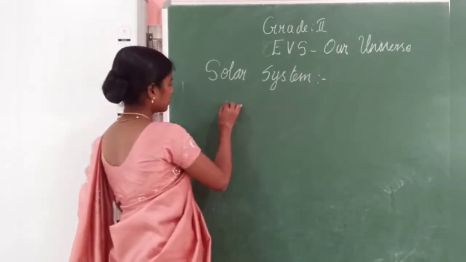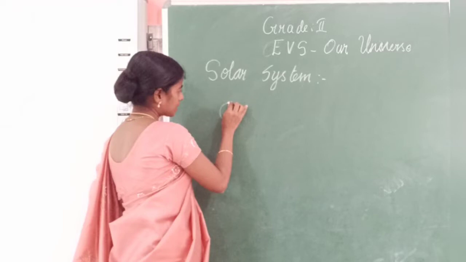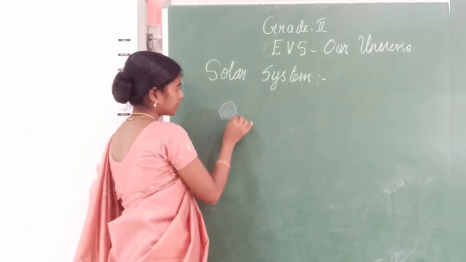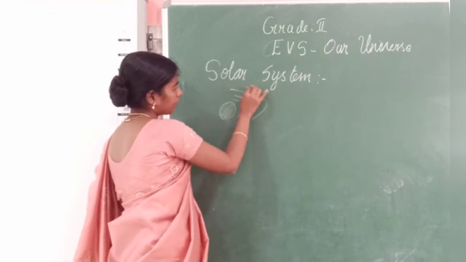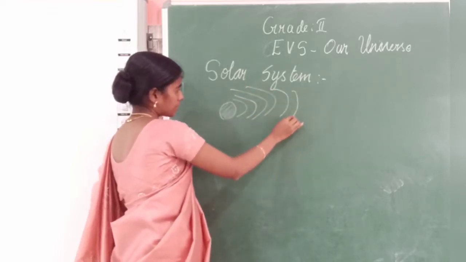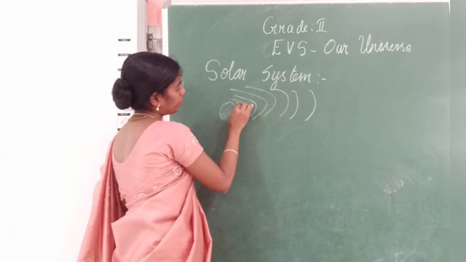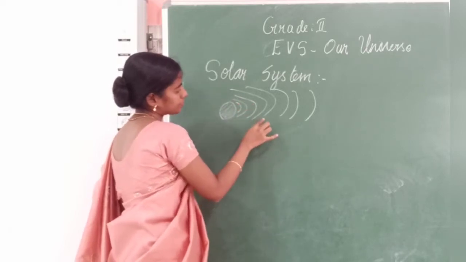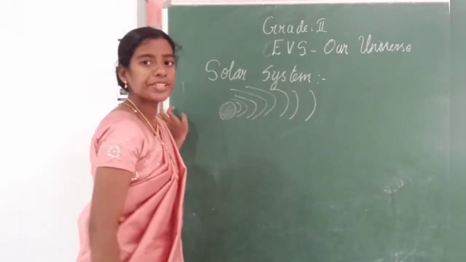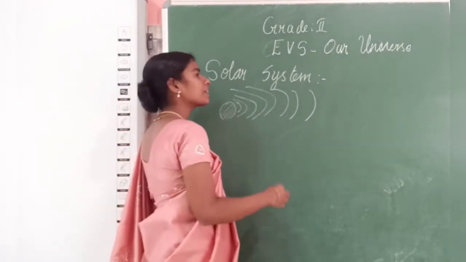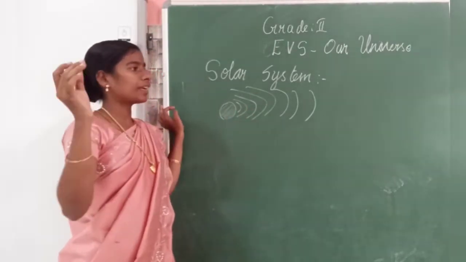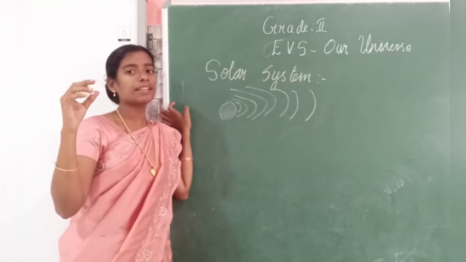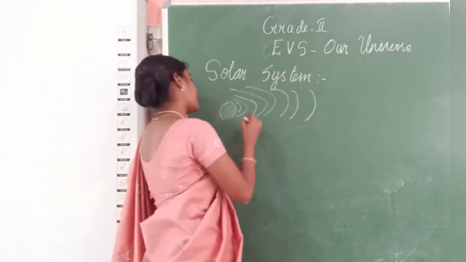For example, you have the sun in the center and all the planets are revolving around the sun. How many planets are there? 8 planets. And these 8 planets have their own properties, and we have learned about only the names of these 8 planets.